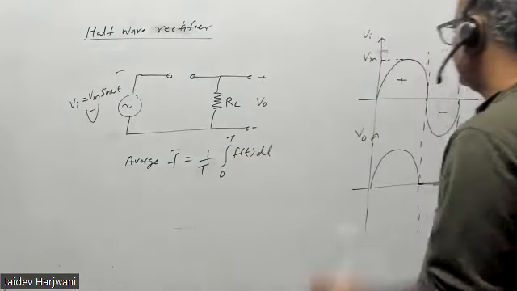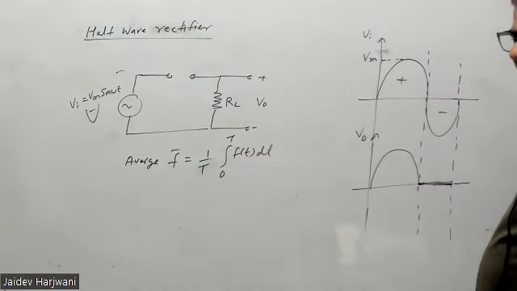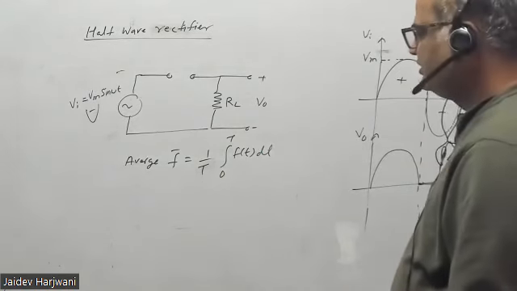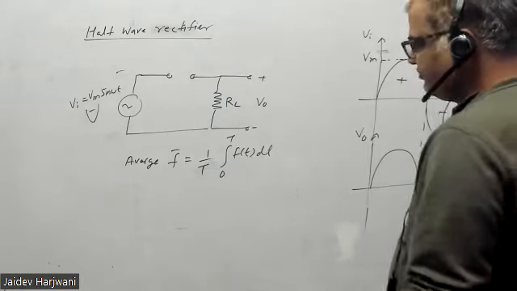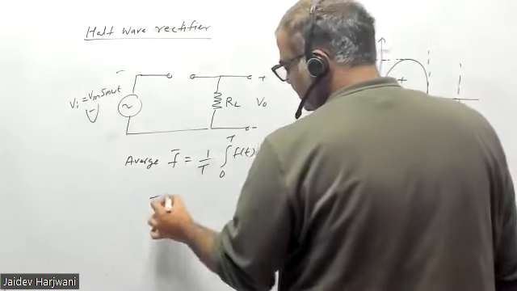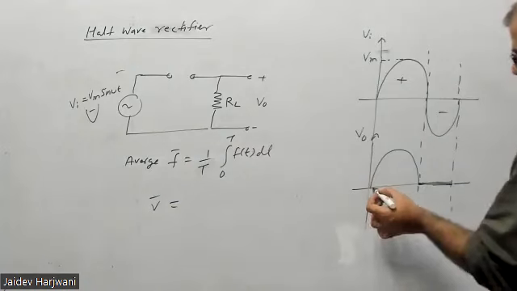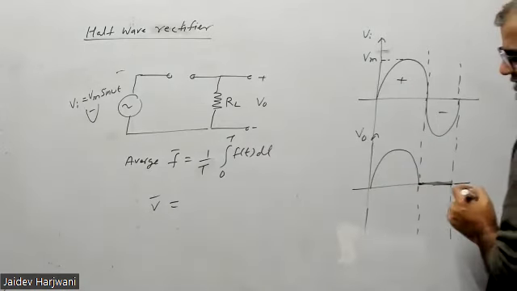Because it is a sinusoidal periodic function, you can find the average like this. Because the current is varying, I have to find the average voltage.